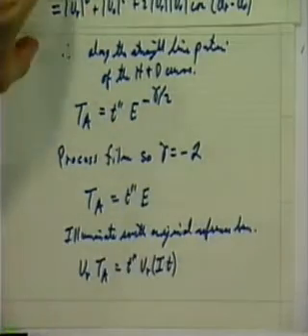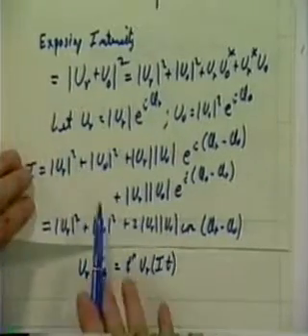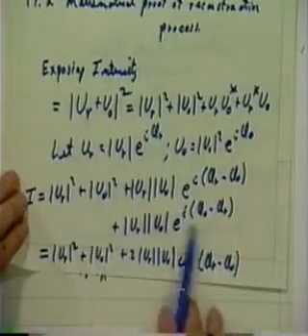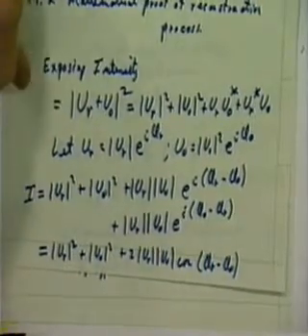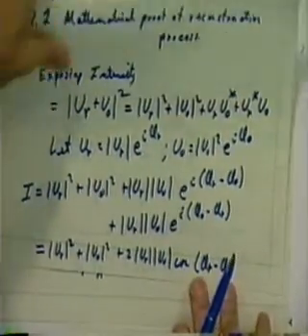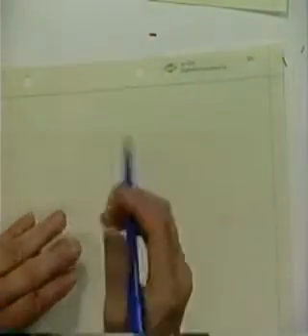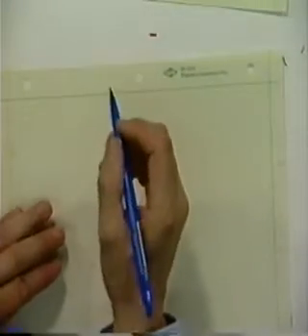And so when we multiply this out, come back here to the I, use this expression right here, we see that we're going to get a term.